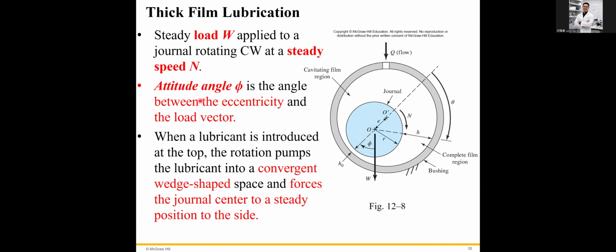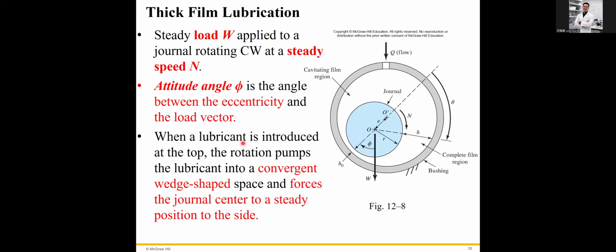It is the angle between the eccentricity and the load vector. The eccentricity vector is along O and O prime, and the load vector is W. Therefore the angle between them is defined as the attitude angle, phi.